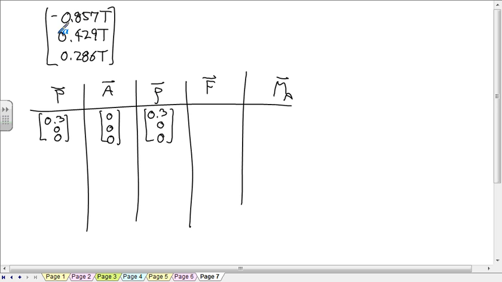The force vector is this, so negative 0.857t, positive 0.429t, positive 0.286t. And what do you get for the moment? Well, just take the cross product of this and this. You know, now you're going to have multiple components instead of just a z component, but it works the same way. Can someone take that cross product?